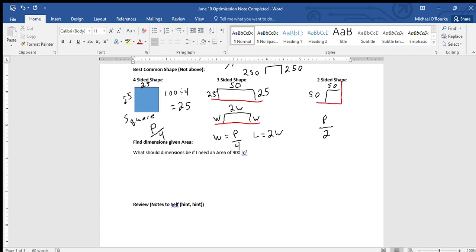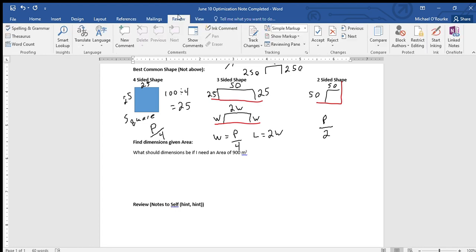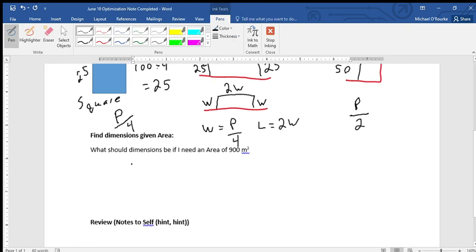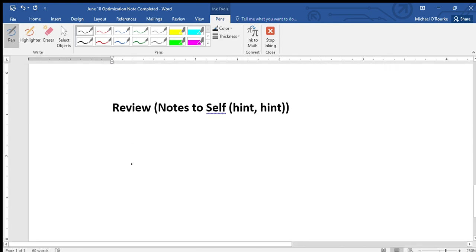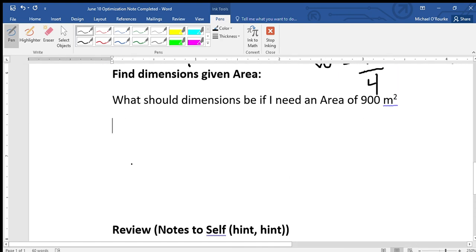All right, so what's my dimensions there? So I'm going to go through something here and we'll review it after. Right? And we're going to make a 4-sided shape.